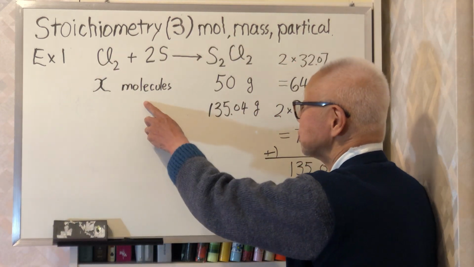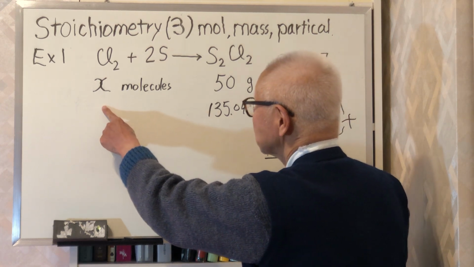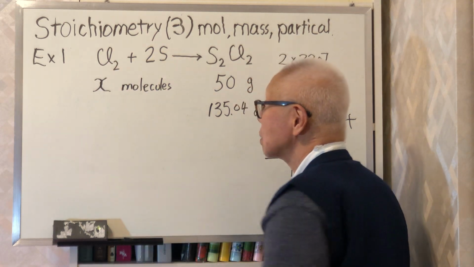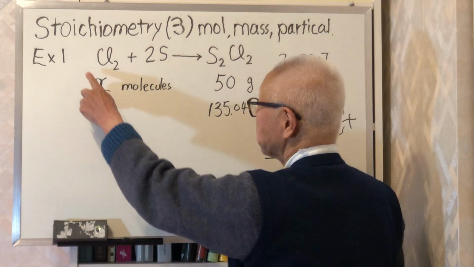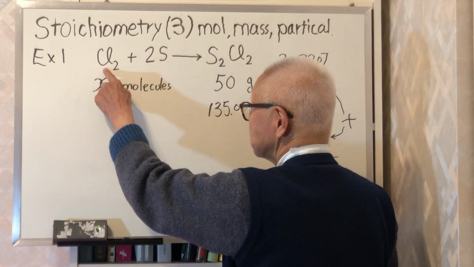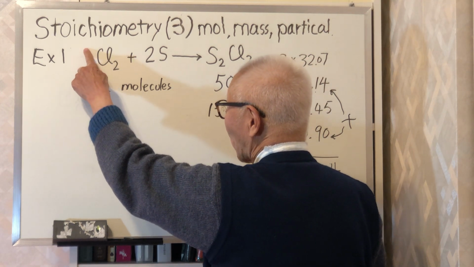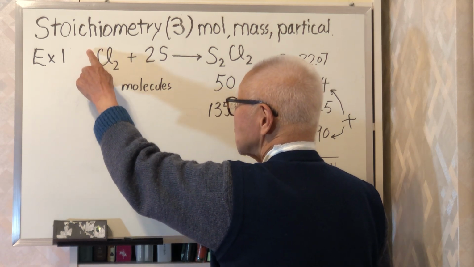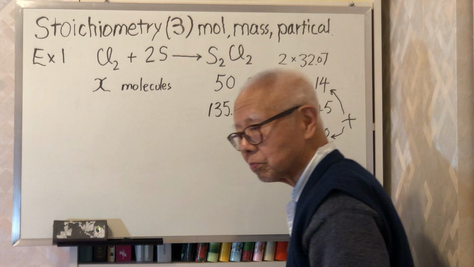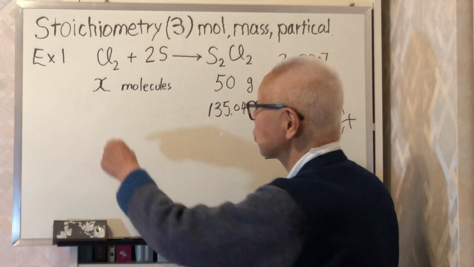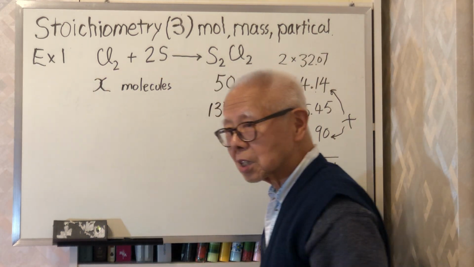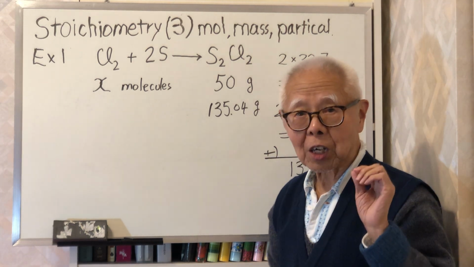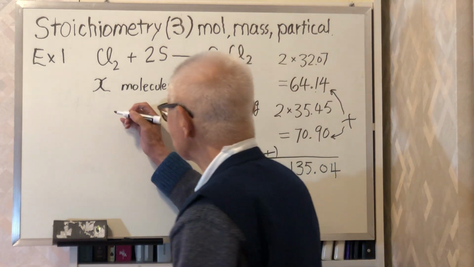How about this? I want the number of molecules of chlorine. Look at the number before the chlorine. The number here is just 1. This 1 means it's 1 mole. Then 1 mole of chlorine contains how many molecules? It's Avogadro's number.